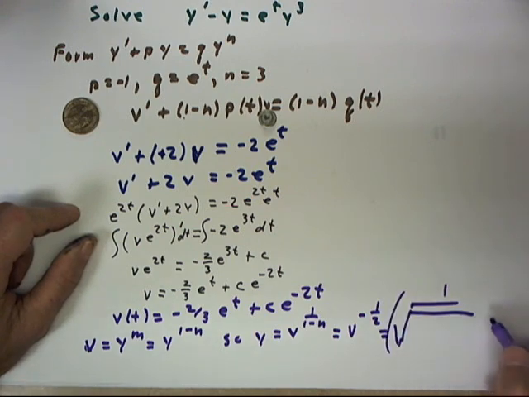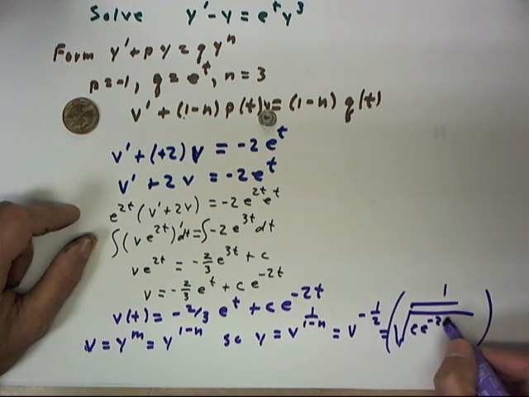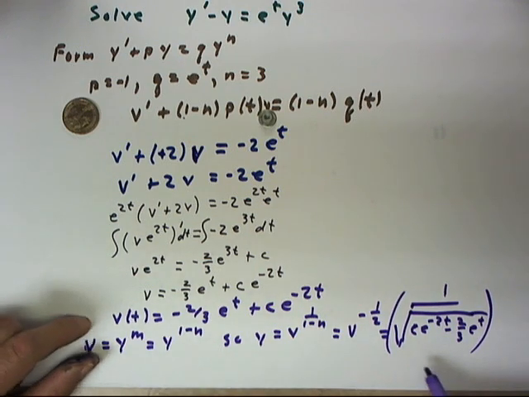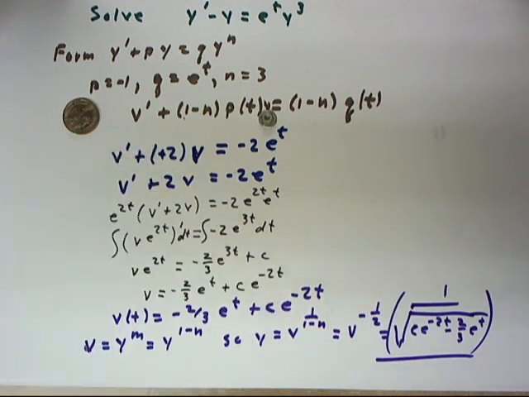That's going to be 1 over the square root of, let's write it in this order, c e to the negative 2t minus 2/3 e to the t. Now that form could be modified, simplified, etc. But this should illustrate the process.